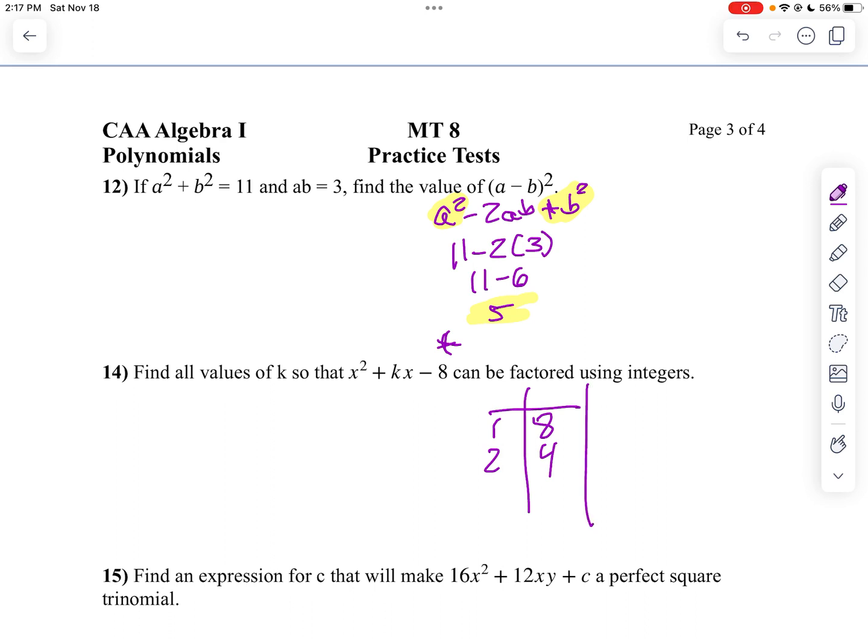So when I look at that sum, that would be plus or minus 7, because one's positive, one's negative, and then plus or minus 2. So k is going to be plus or minus 2 or plus or minus 7.